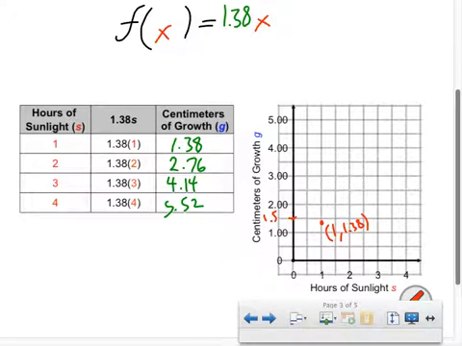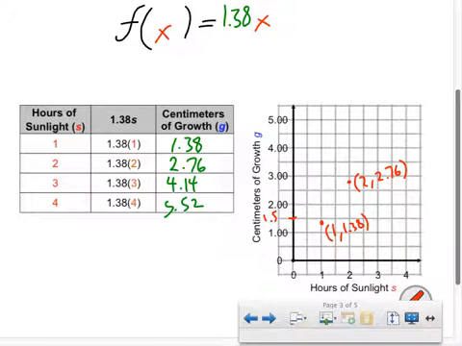And then for 2, we got 2, and that's almost 2.75, right? Or 2 and 3/4. So at 2, here's 2. Here's 2.5. This would be about 2.76. So 2, comma, 2.76.